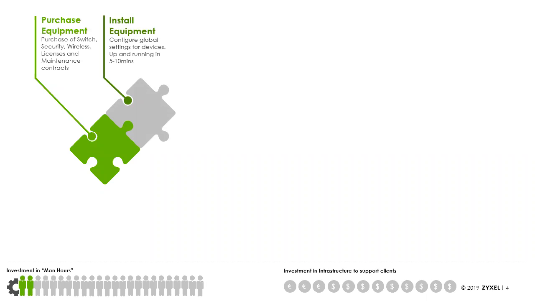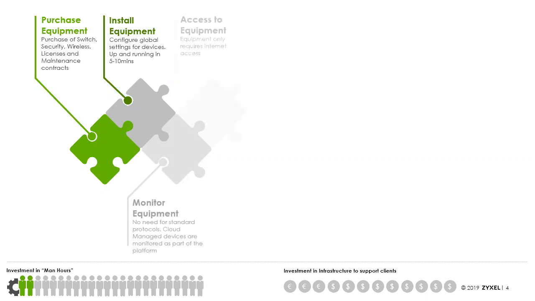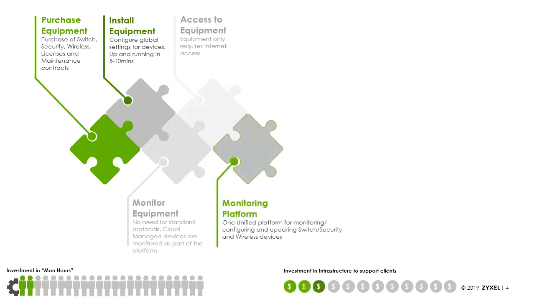But you can check that before you send it out to the customer site and do that before you get it out there. You don't need to worry about setting up your monitoring equipment or software. That is done automatically with Nebula Cloud. You don't need to worry about setting up port forwarding or VPNs to get remote access to your client. Again, that's all handled automatically through Nebula.